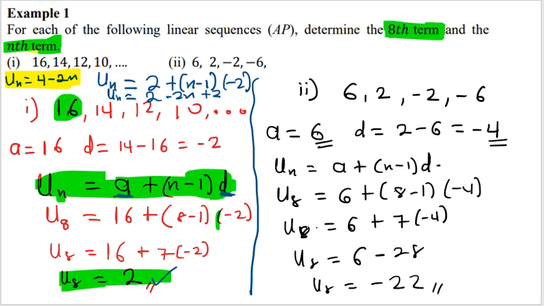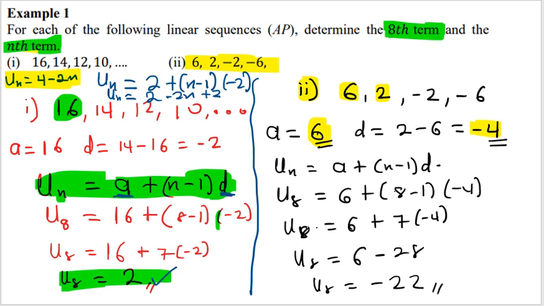Now let's come to II. The II, our sequence is this. So we have them here. Here too, our first term is 6. Then our common difference is going to be this minus this, which is negative 4. So let us still apply the formula, which is UN is equal to A plus n minus 1 D. Substitute the values into it.